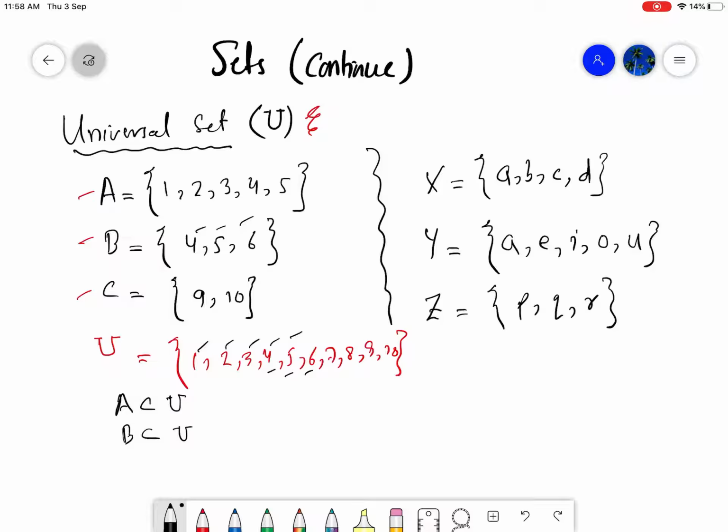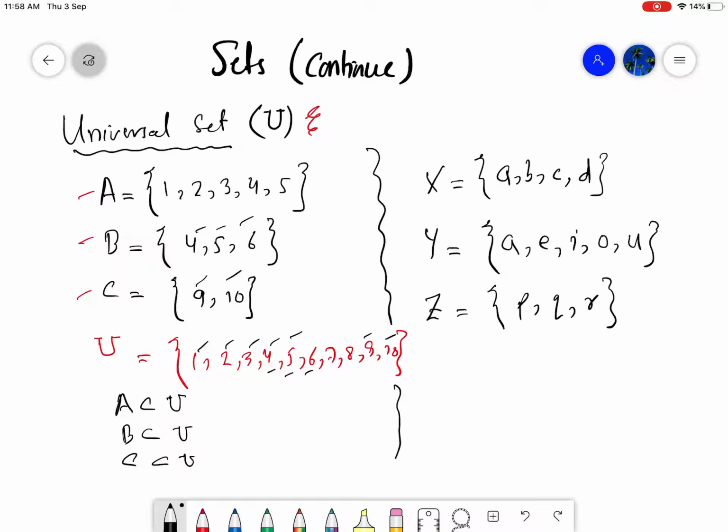So B is also a subset of the universal set. And then the elements of C, 9 and 10, also exist in the universal set. So C is also a subset of the universal set. So whenever a set fulfills the condition of a universal set in a given scenario, all the other sets must be subsets of the universal set.